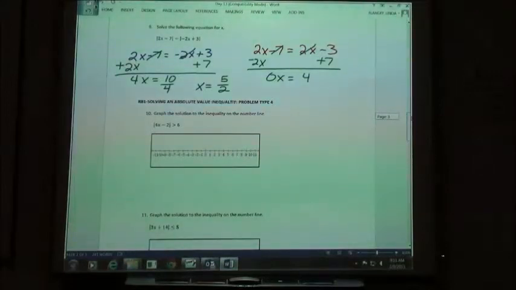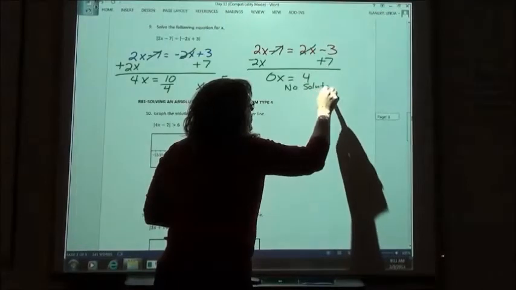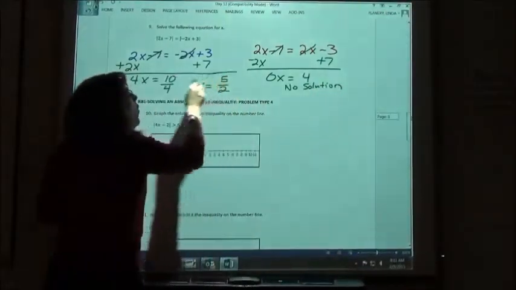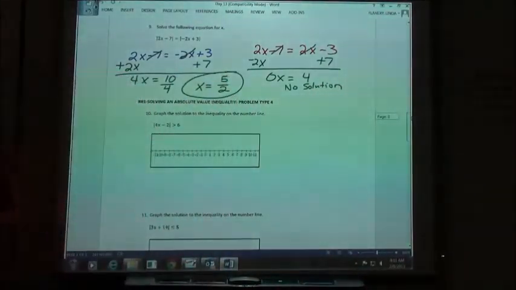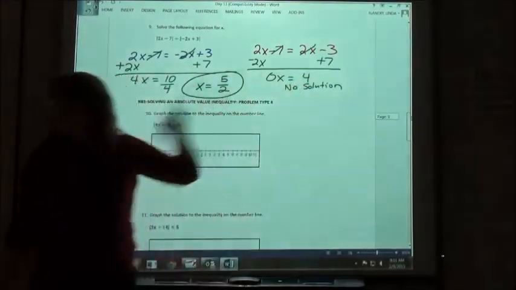So this is a no solution answer. I'm only going to put in the one answer then. So in this case, I only have one answer, just the 5 over 2. So if there's a 0 in front of your x and it's not equal to 0, it's a no solution.